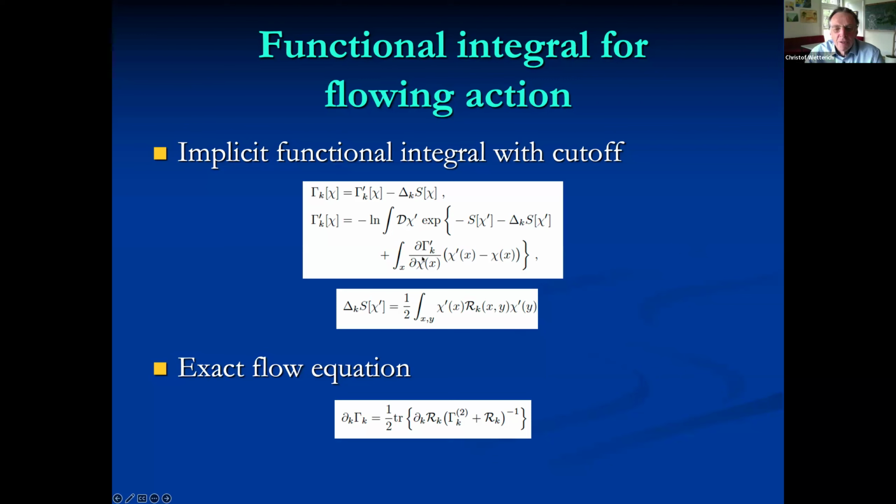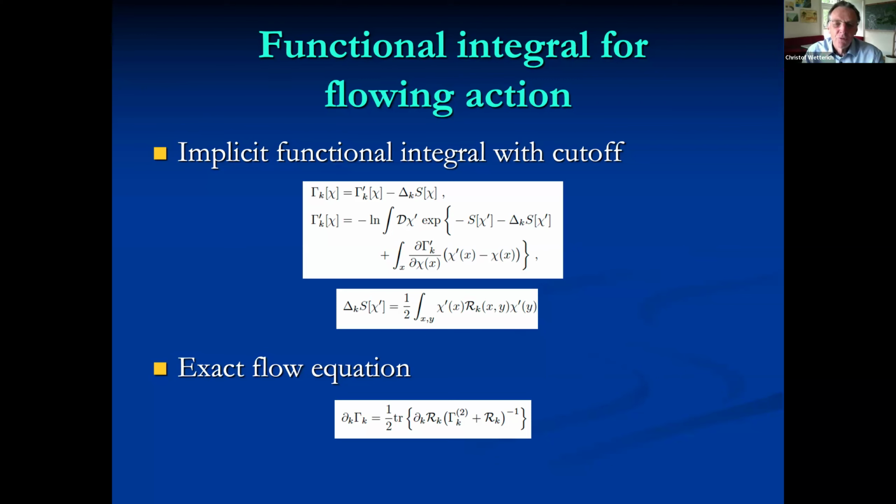Here you recognize the source term, and here you recognize the term that is usually related to the Legendre transform. This implicit definition by a functional differential equation has a big advantage. You do not have to go explicitly through steps like Legendre transforms. You can just look at a given functional integral and compare the different versions and immediately realize if two things are the same or are not the same.